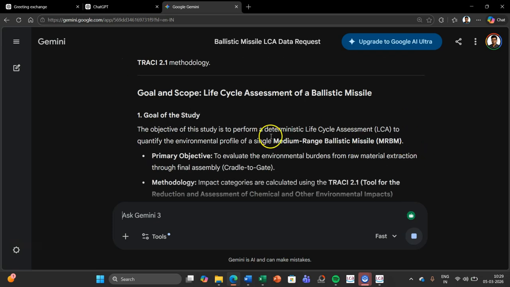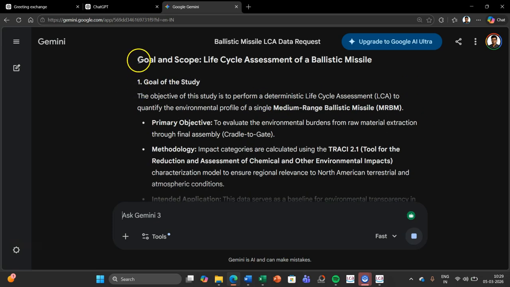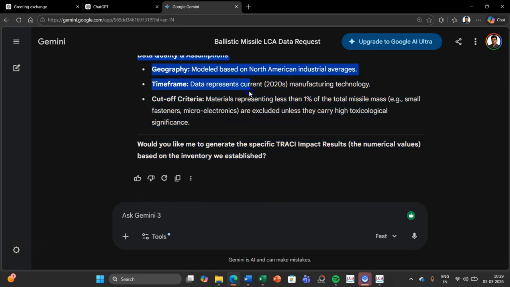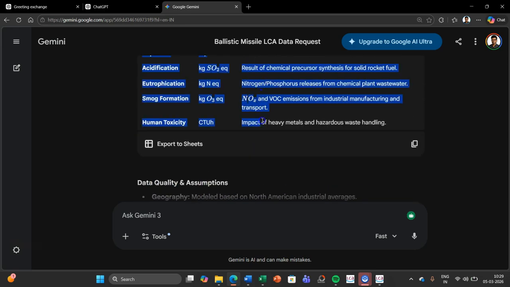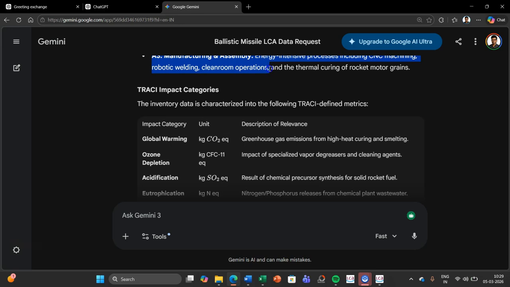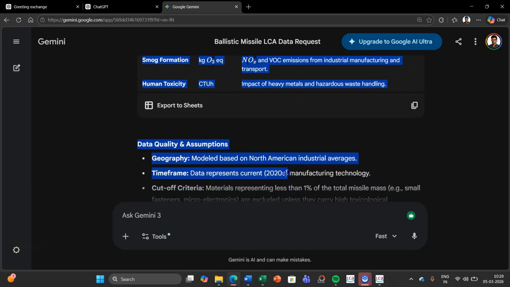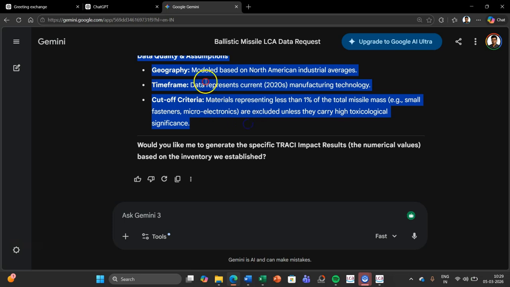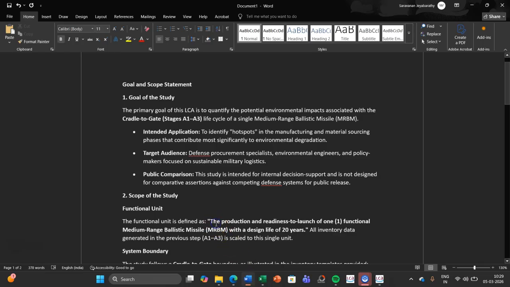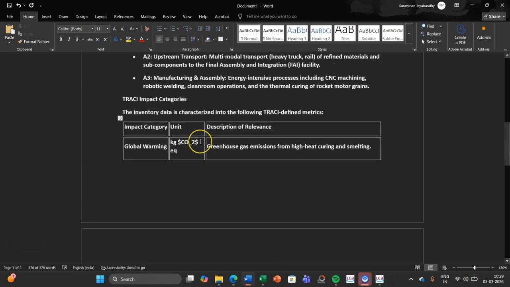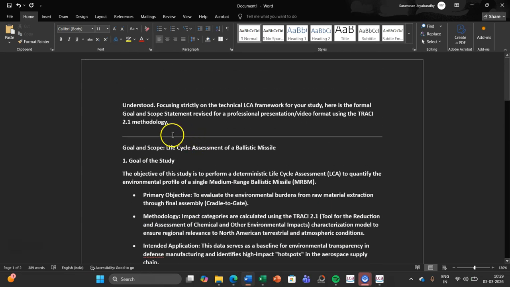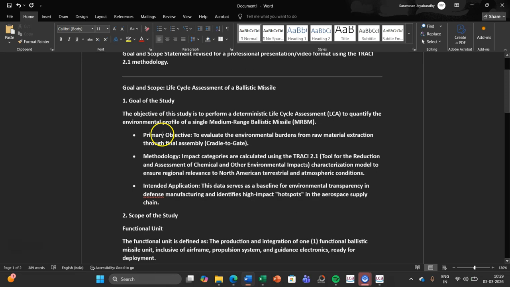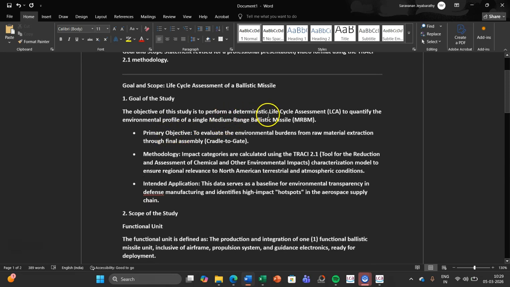Here it comes. Let us copy it now. So the goal of the study is to perform a deterministic life cycle assessment to quantify the environmental profile of a single medium range ballistic missile.